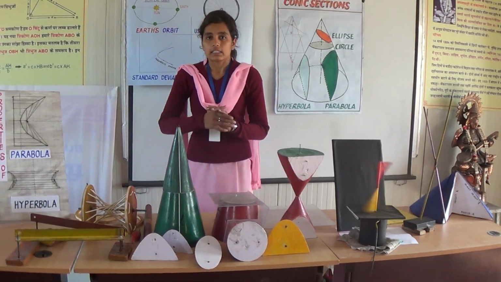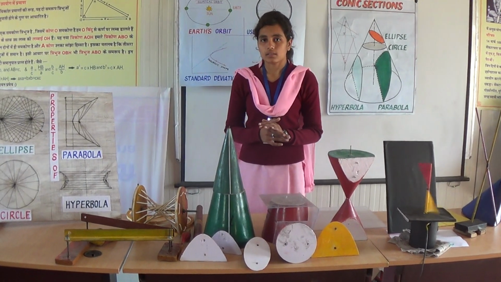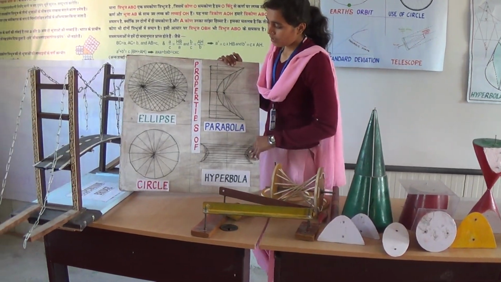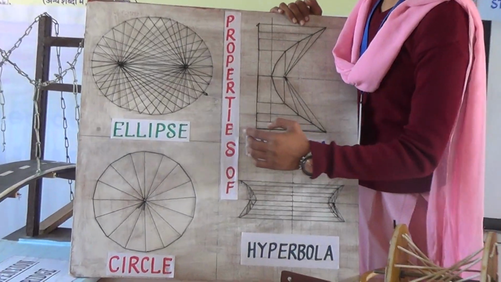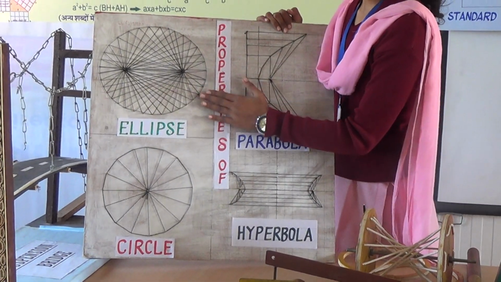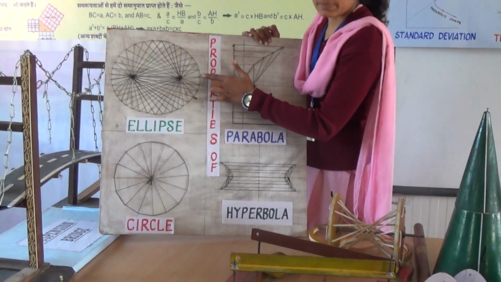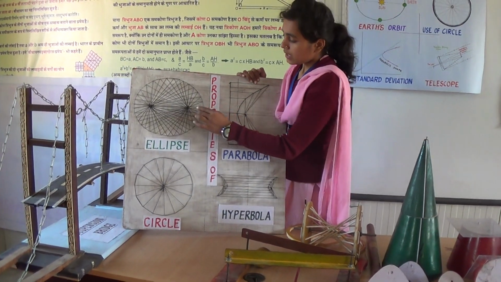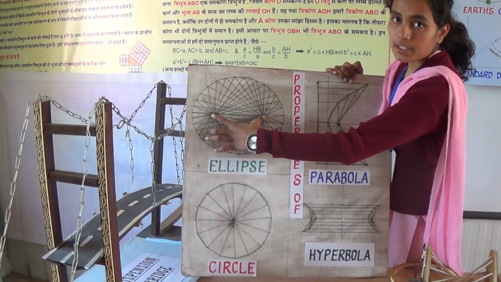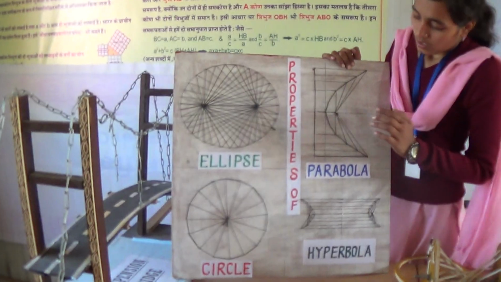Now we define the properties of the conic section. Ellipse, parabola, circle, hyperbola. Ellipse is the set of all points in the plane for which the sum of the distances from two fixed points is constant.